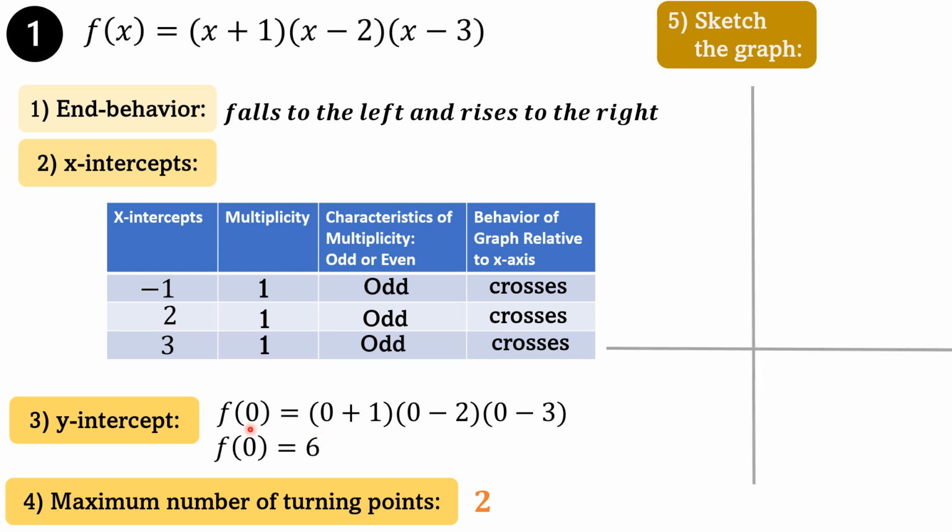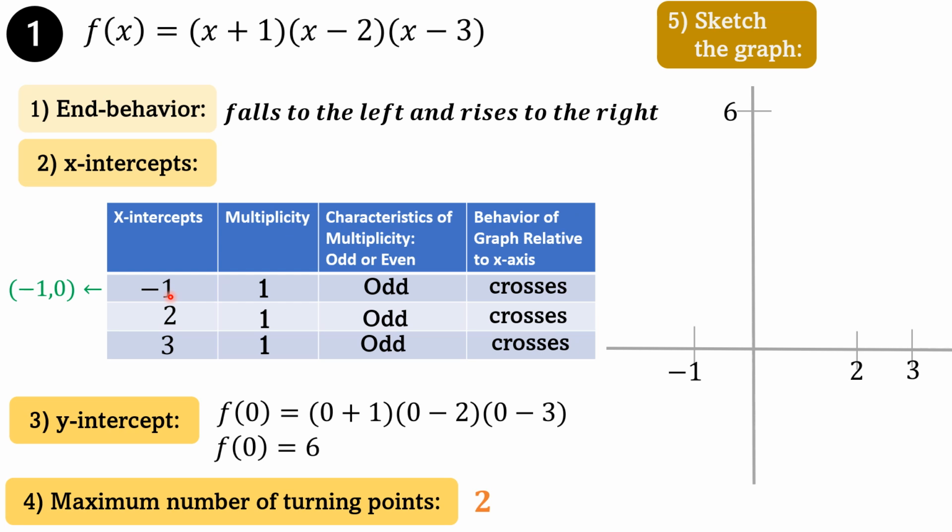Draw the x and y axes, then plot the points. We need the coordinates -1, 2, and 3, then the y-intercept 6. You can also put a dot on each intercept.